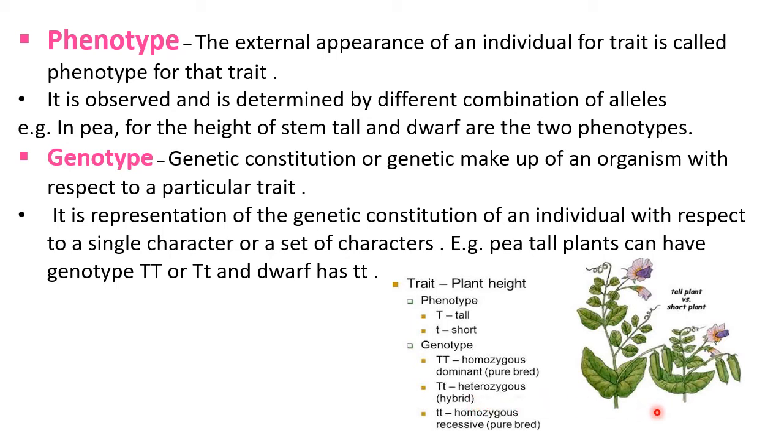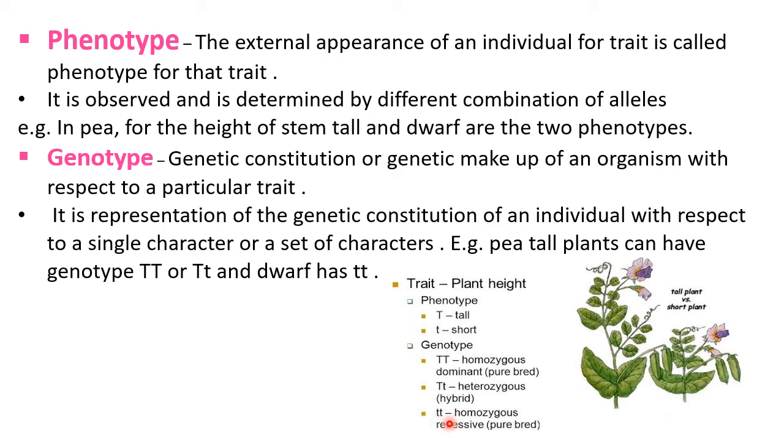In the second diagram, we see a short or dwarf pea plant. A pure dwarf pea plant has a genotype consisting of small t, small t, which are both recessive genes. Recessive means the genes or alleles which are not expressed in the F1 generation.